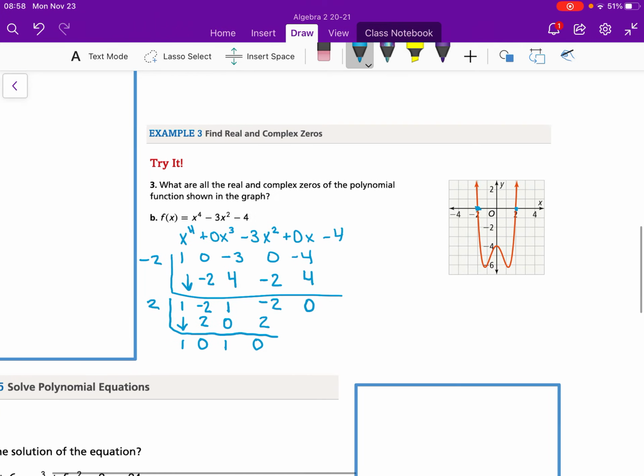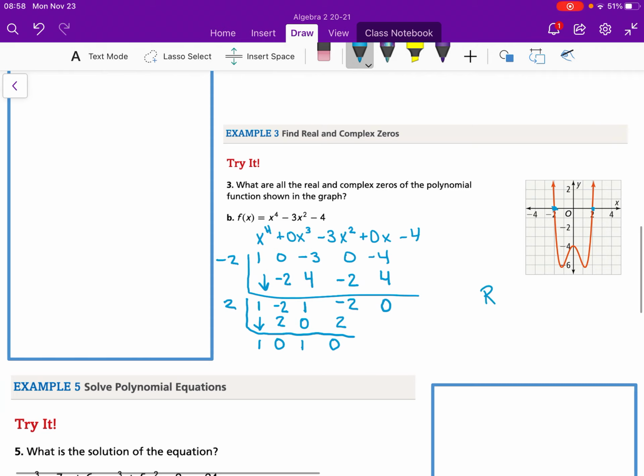So my real zeros are 2 and negative 2. My imaginary zeros are, remember this was x cubed answer, so this one has to be x squared because it keeps going down 1. This was to the 4th, to the 3rd, and then squared. So I have 1x squared plus 0x plus 1, which is just x squared plus 1.